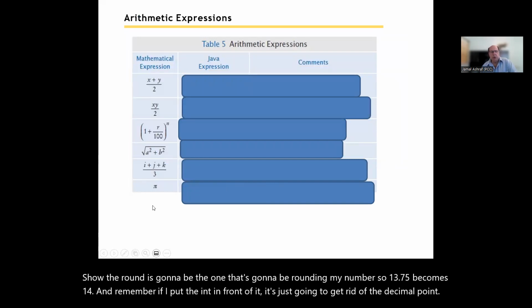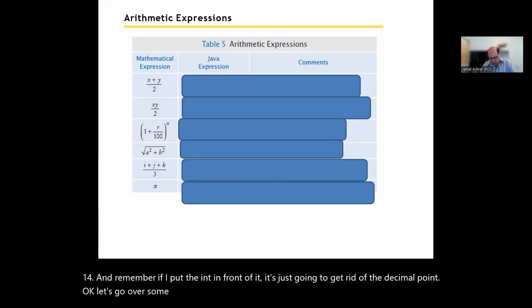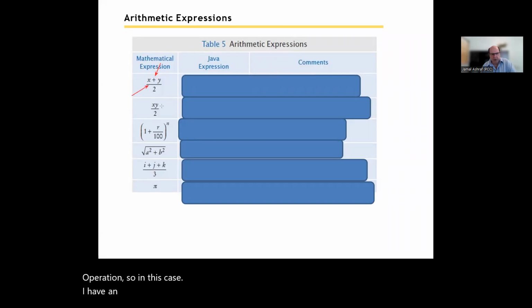Okay, let's go over some arithmetic expressions with the idea of having order of operation. In this case, I have an addition and I have a division.